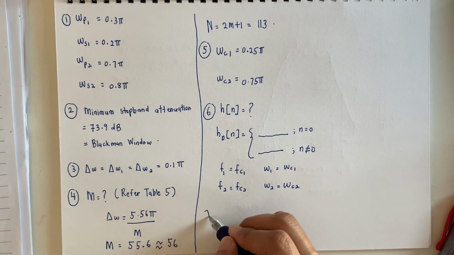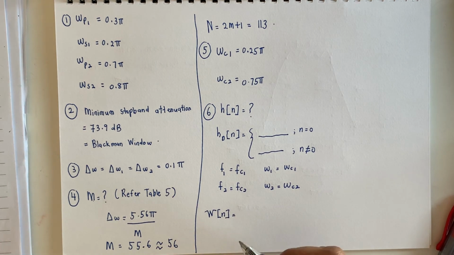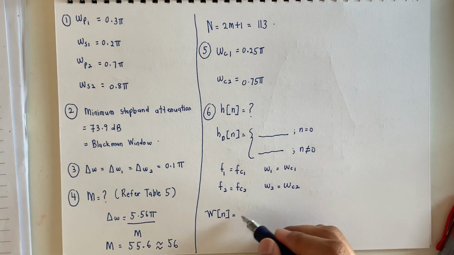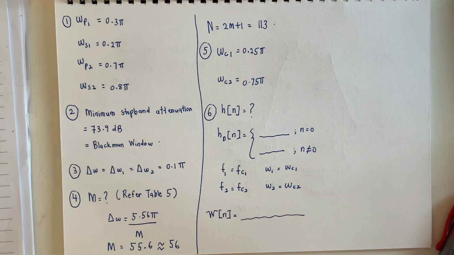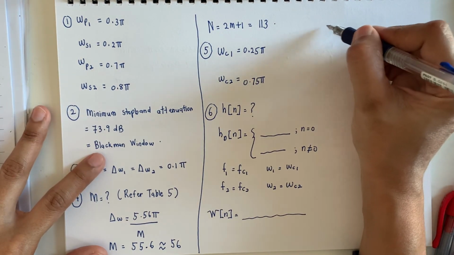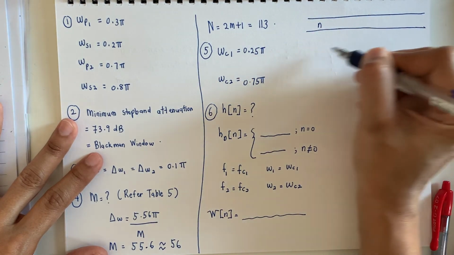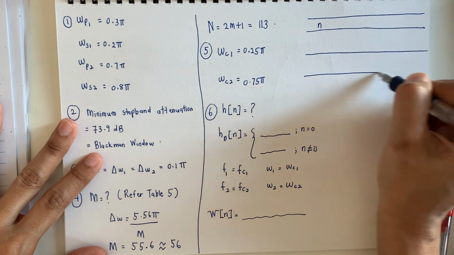Next you have to write down your Wn equation. So you have the function for Wn.